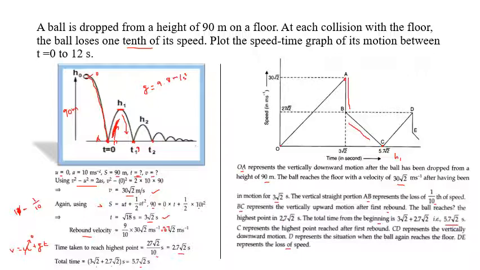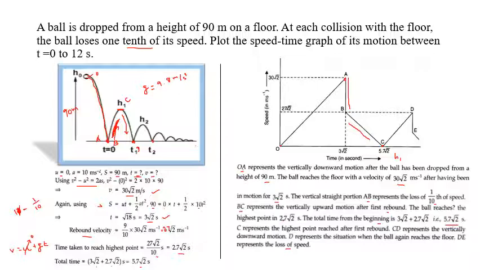So after striking the ground, take this portion as B and this portion as C, vertically upward motion. And then C represents the highest point after first rebound, and C to D represents a vertically downward motion, and D represents the situation when the ball again reaches the floor, and DE represents the loss of speed. I hope you understand this question.